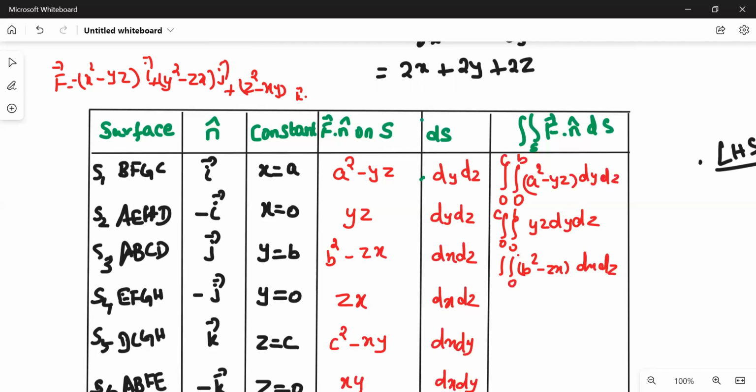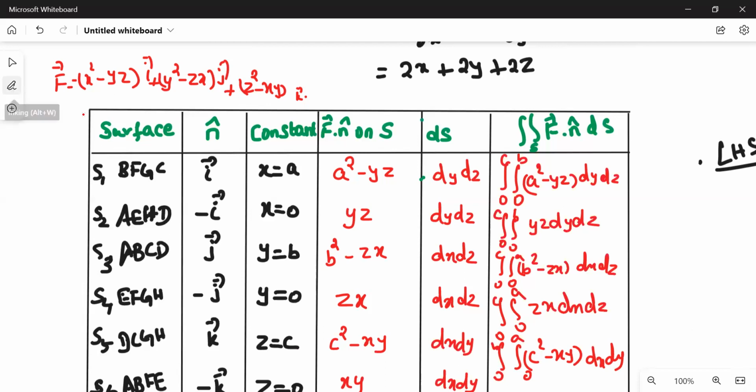Limit of x is 0 to a, dz is 0 to c. And for the next S4 surface, it is double integral zx dx dz, 0 to a, 0 to c. For surface S5, it is double integral c square minus xy dx dy. Limits are 0 to a, 0 to b. The last sixth surface, it is double integral.